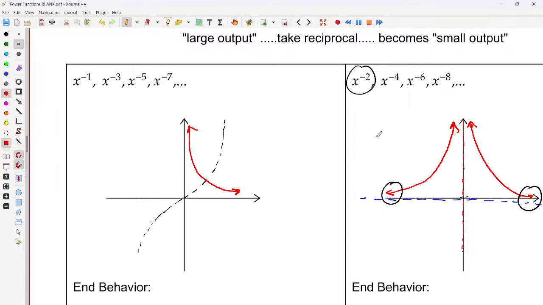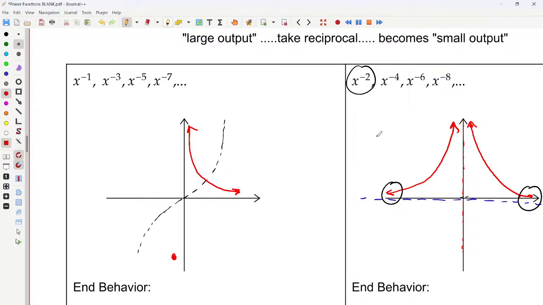Small and negative reciprocates to, let's talk it out, -1/2 reciprocates to, does it change sign? No, it's still negative, but bigger, negatively bigger, -2. This is negatively big.